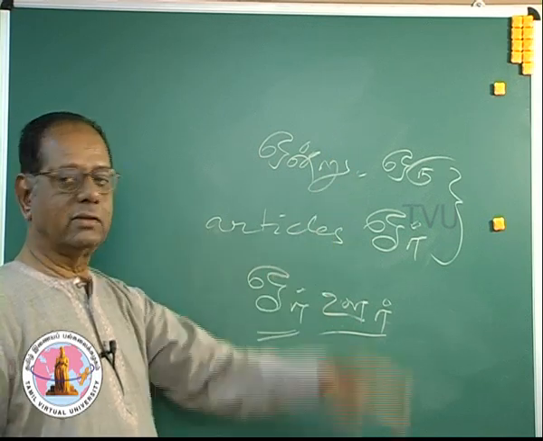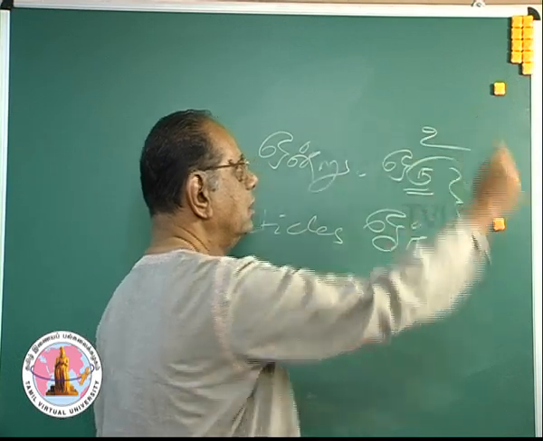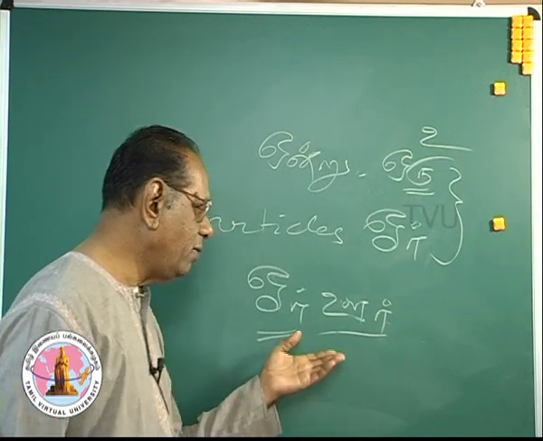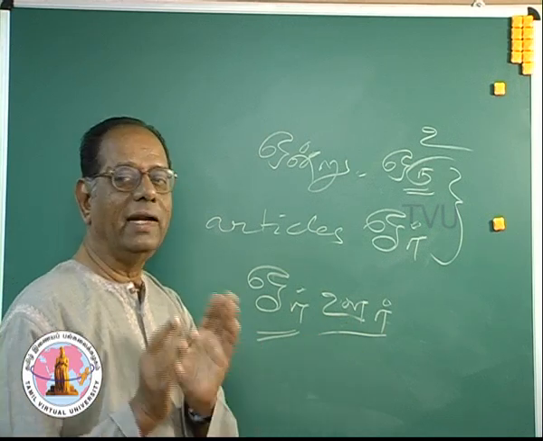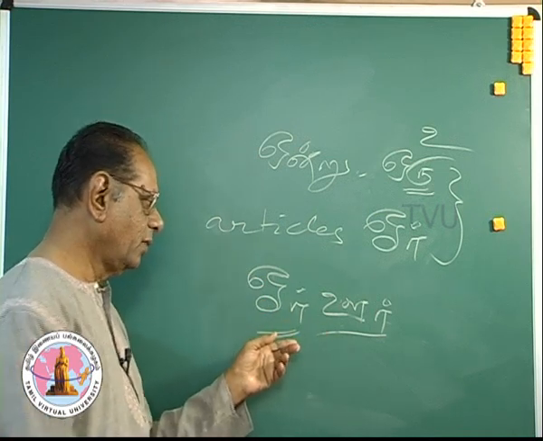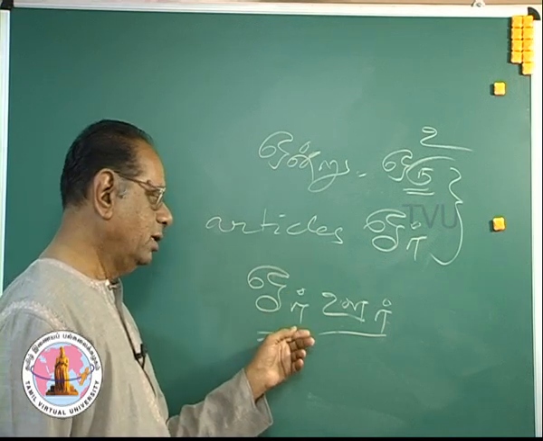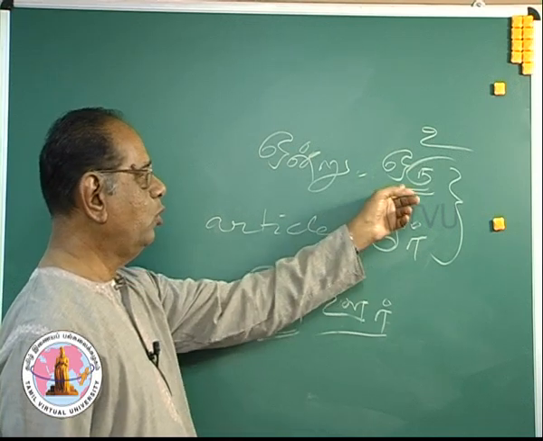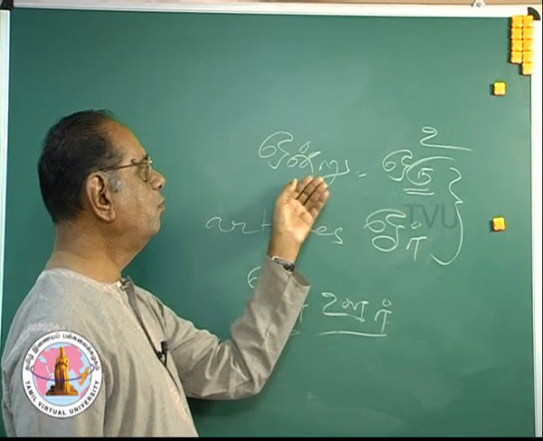What is the logic behind this? This oru ends with u sound, that is a vowel sound. And if you have another vowel sound in the beginning of the following word, there will be a sort of hiatus, a sort of clash. That is why they put a consonantal ending word or as the qualifying numerical adjective. So, oru and or are the adjectival forms of ondru.